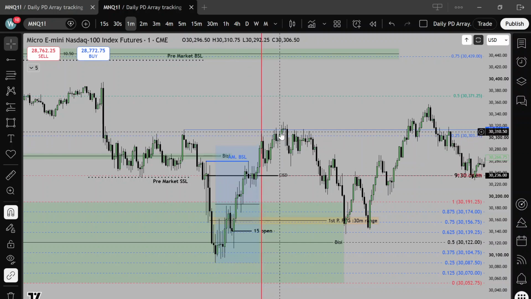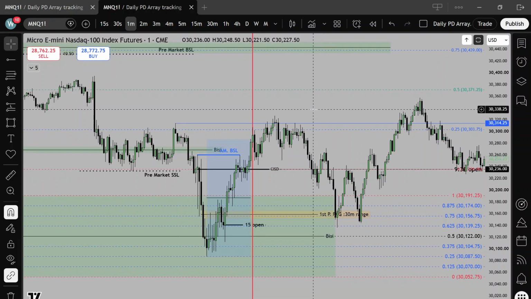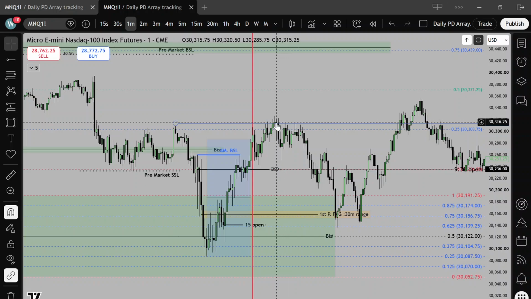So now from a narrative perspective and a bias perspective, if we're not sure and the market's not running and it's consolidating, our next draw until we find something different is going to be the low of this. It may not get to the low of this, but our draw is going to be bearish until we find something different.